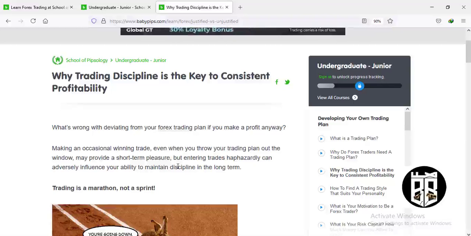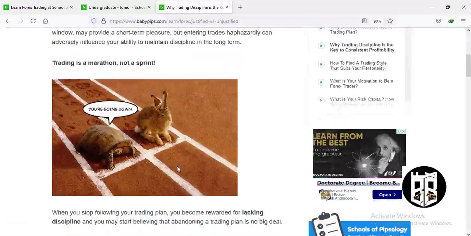Is anything wrong? Well, making an occasional winning trade, even when you throw your trading plan out of the window, may provide a short-term pleasure. Yeah, but entering trades haphazardly can adversely influence your ability to maintain discipline in the long run.